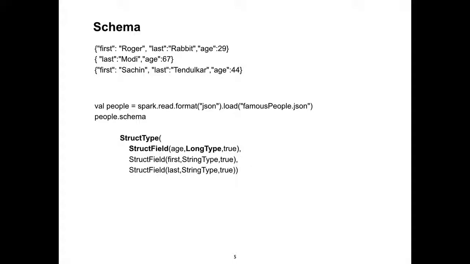It has multiple columns, and then it gives you each field for each column, and it gives you the name and the data type in Spark, and the third argument is whether or not it's nullable. Can the value be null? Right. So we have schema.